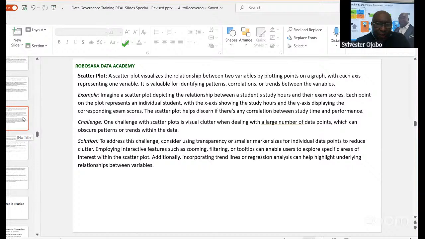But for the purpose of theory, this is how it goes. If you meet the challenge of a scatter plot with visual clutter, where you're dealing with a large number of data sets, which can obscure patterns or trends within the data, you need to address this challenge by using transparency or smaller mark sizes for individual data points to reduce clutter.